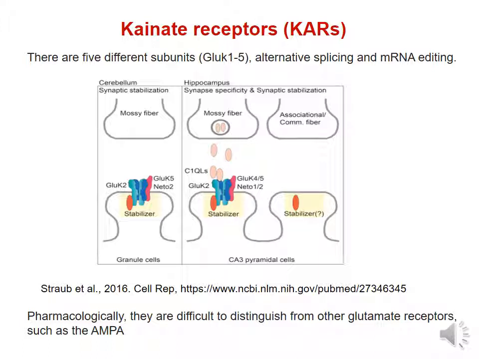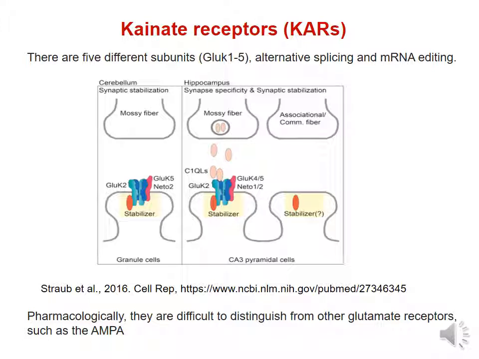So what this really means is that this input-specific synaptic localization of the native kainate receptor complex involves two mechanisms that underlie both the specificity of the different subunits plus stabilization of the receptor at different synapses.